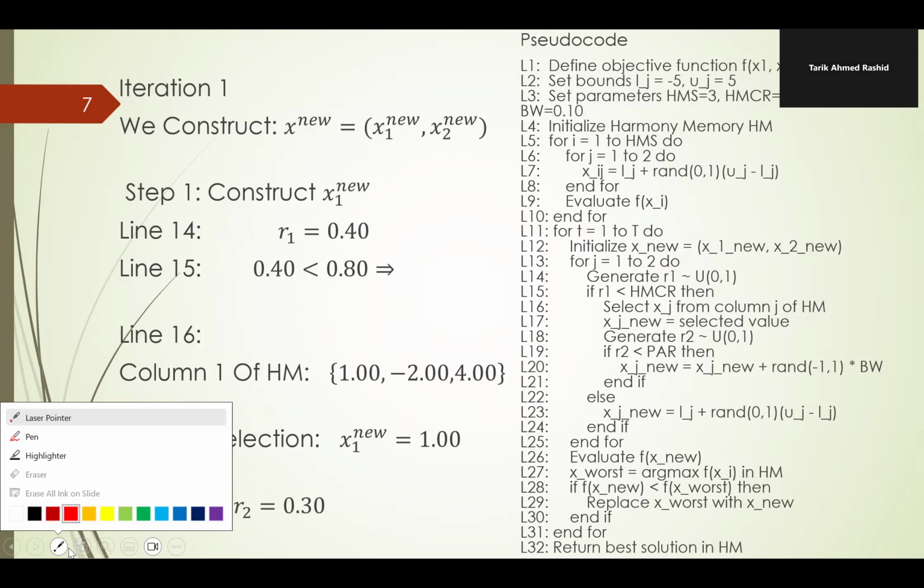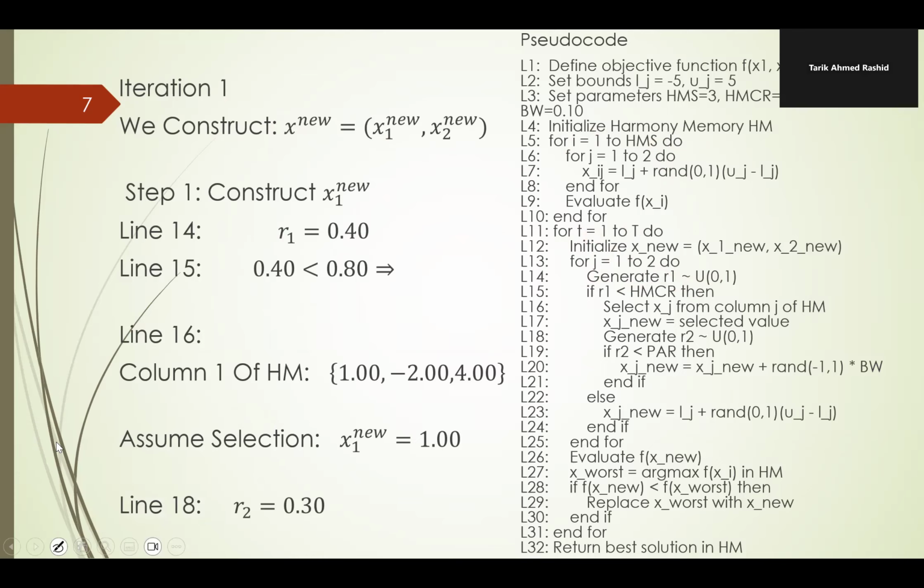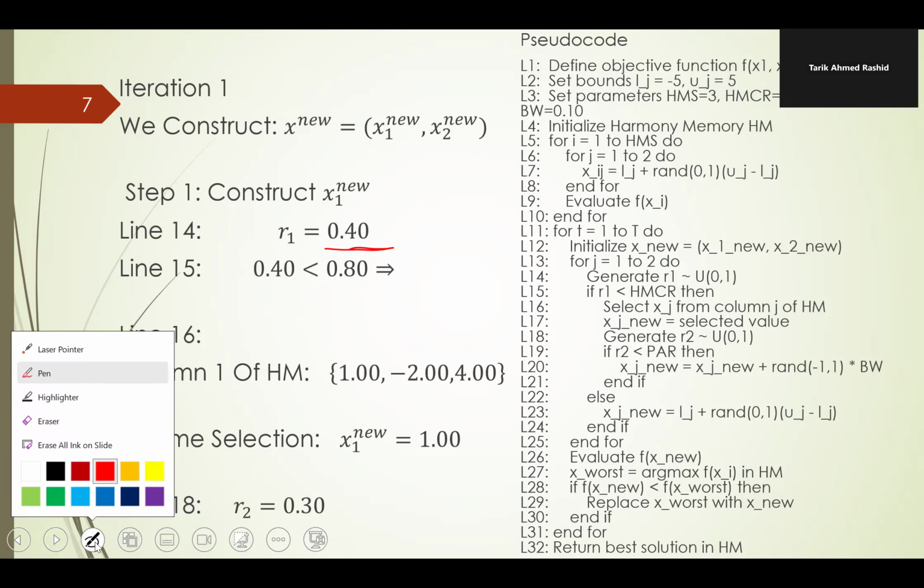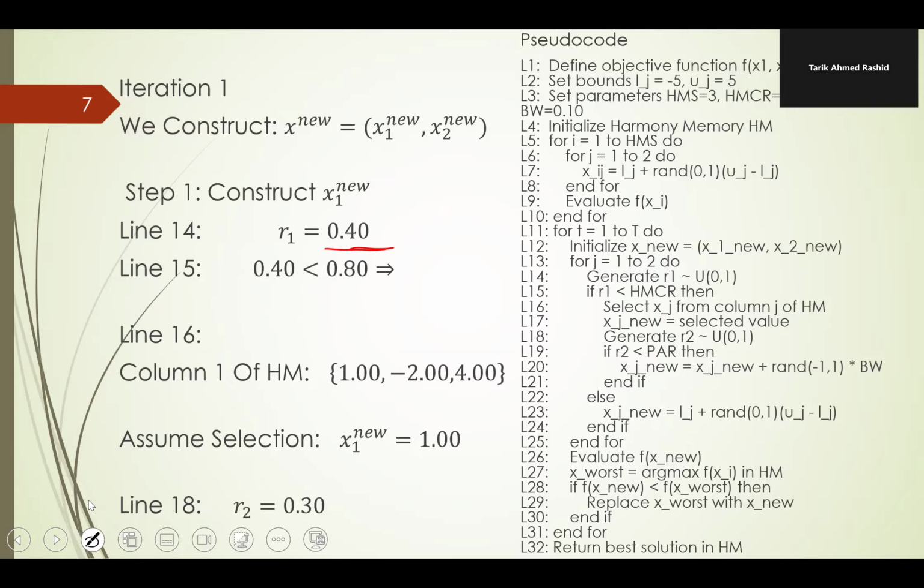Is that less than the harmony memory considering rate, which is 0.8?